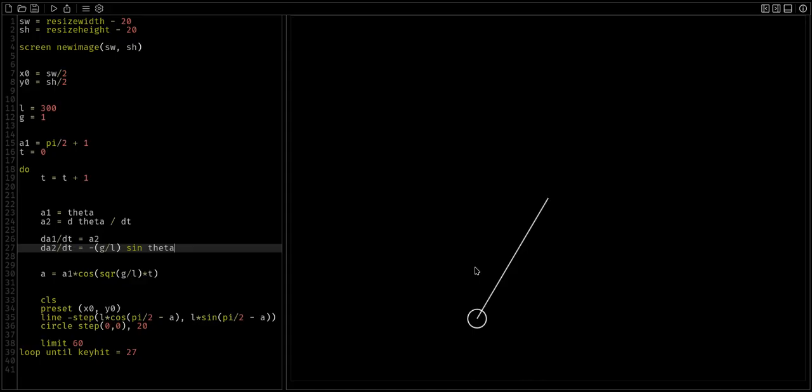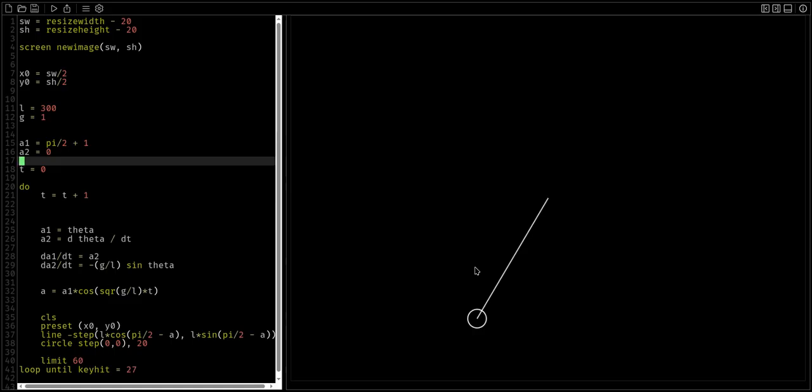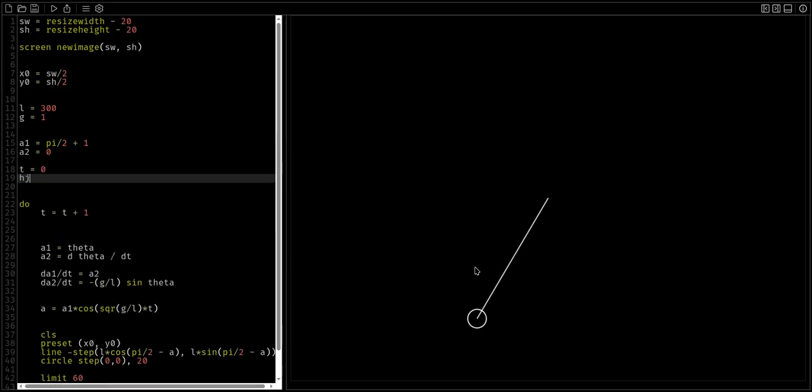So when solving a differential equation numerically using Euler's method, all you do is you set the initial conditions, you set a kind of a step size, which is usually a very small value.